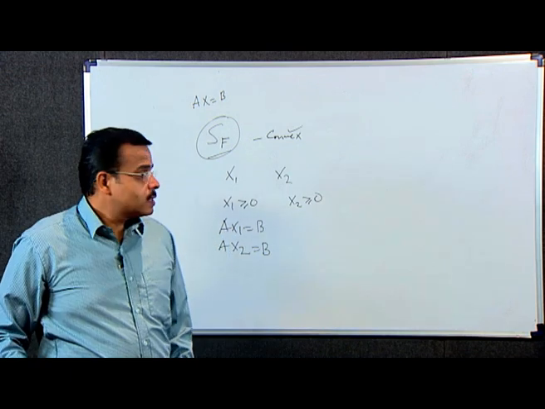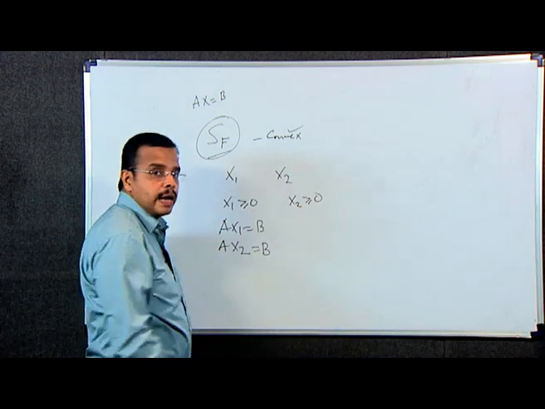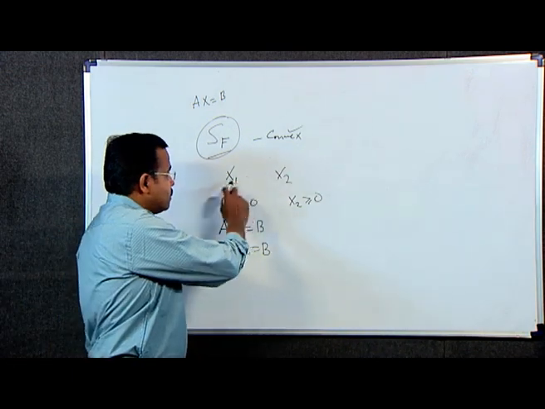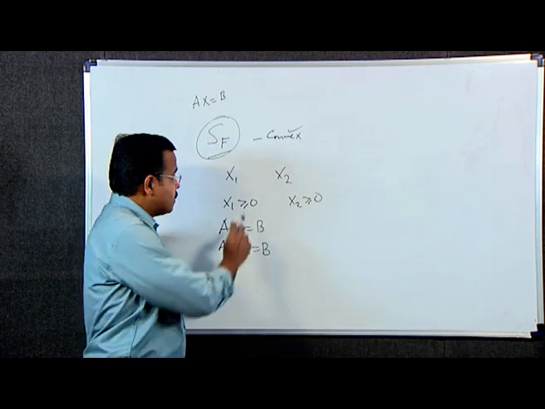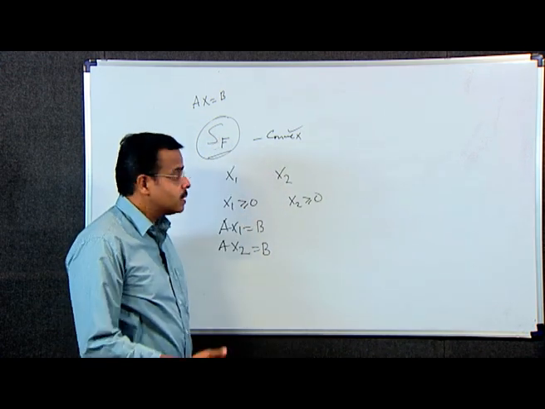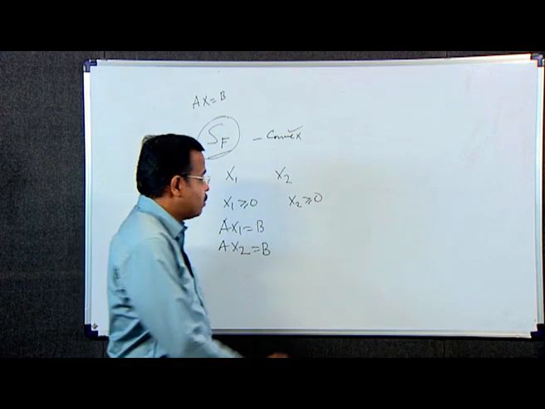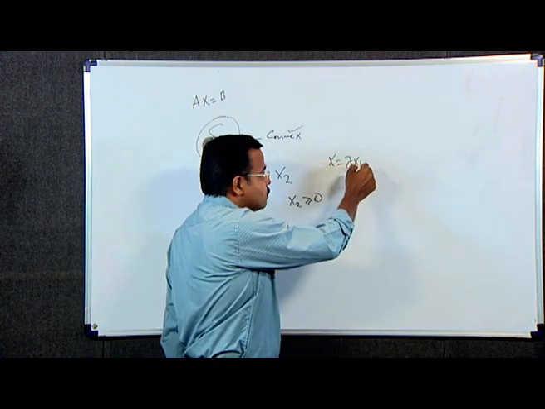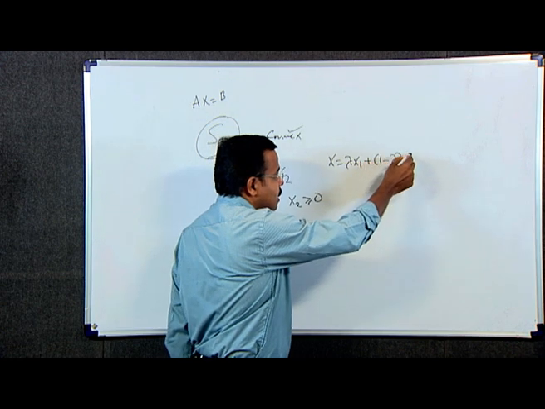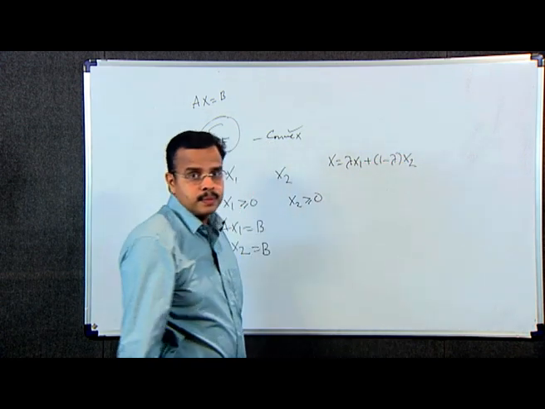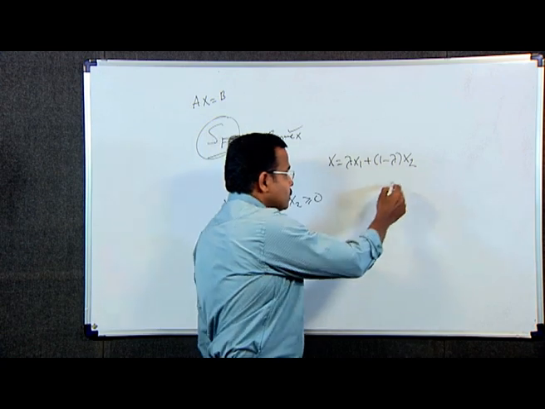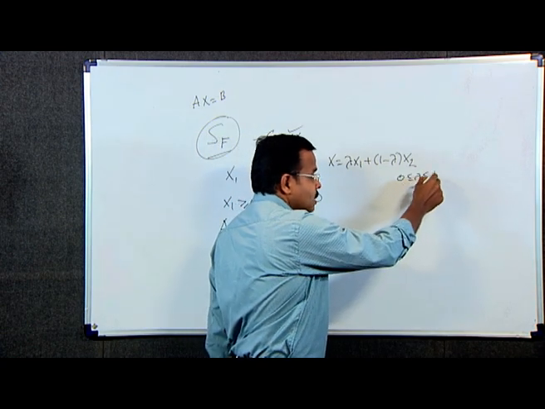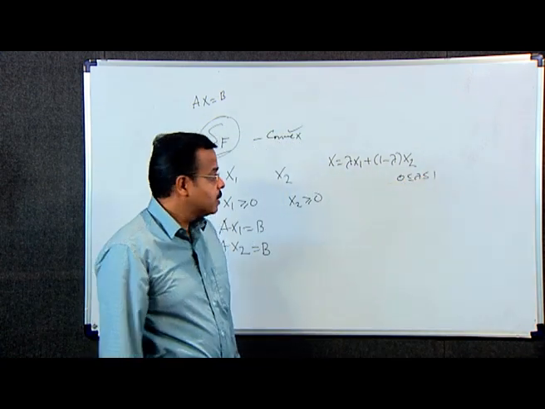Consider any convex linear combination of x1 and x2, where x1 and x2 belong to SF. We consider the convex linear combination x equals lambda x1 plus 1 minus lambda x2, for 0 less than or equal to lambda less than or equal to 1.